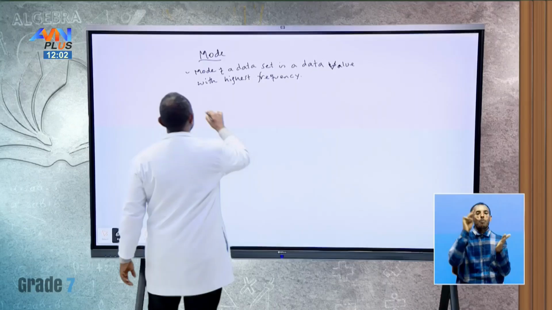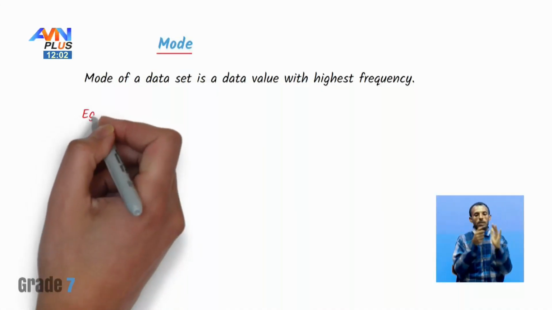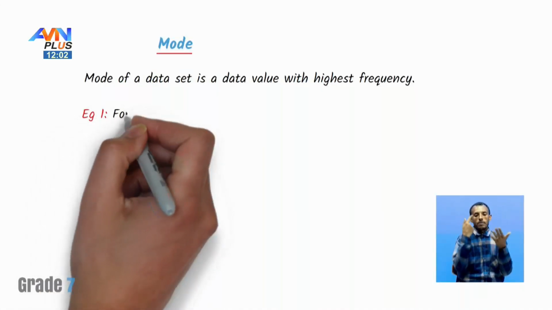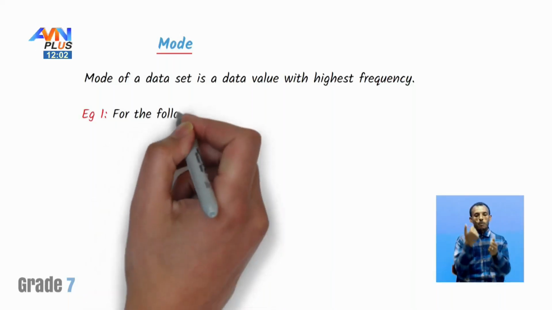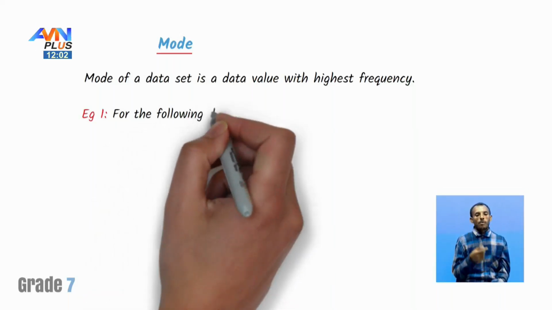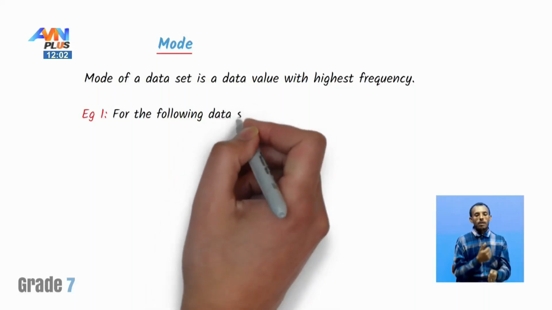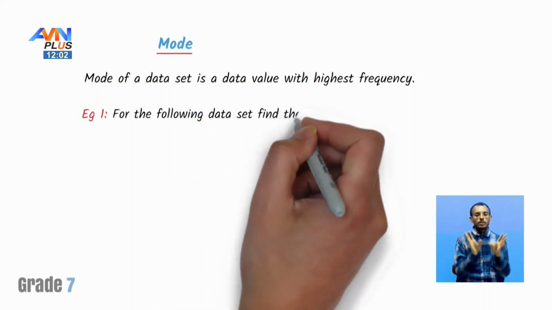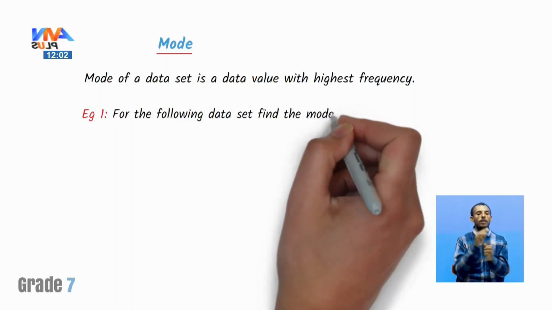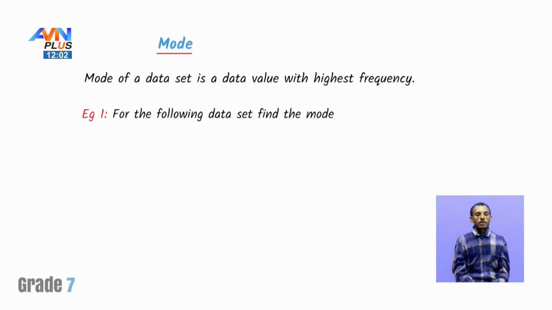Therefore, let's see an example. For the following data set, find the mode. This is example 1.